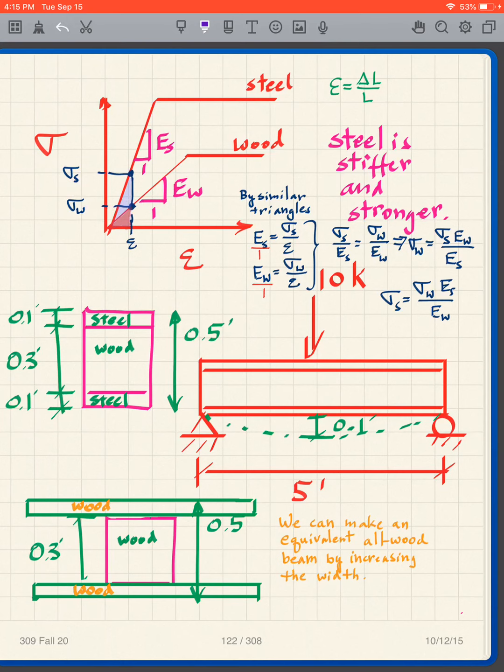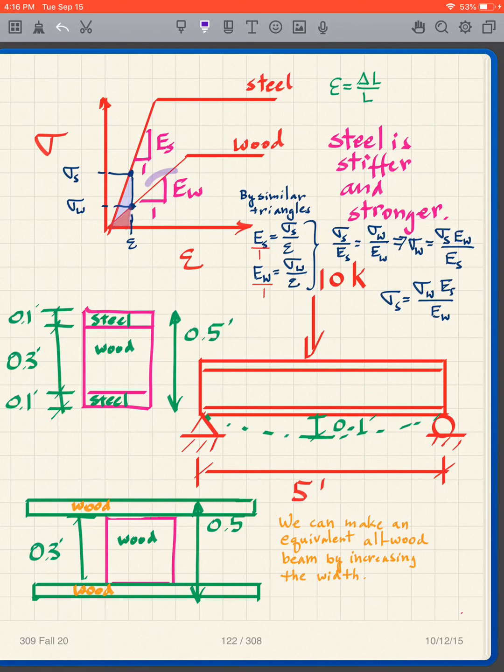So if we look at this, we can create similar triangles. Sorry, we have two different triangles. When I say similar triangles, this triangle here is similar to this triangle here, and this big triangle here is the same as this big triangle here.